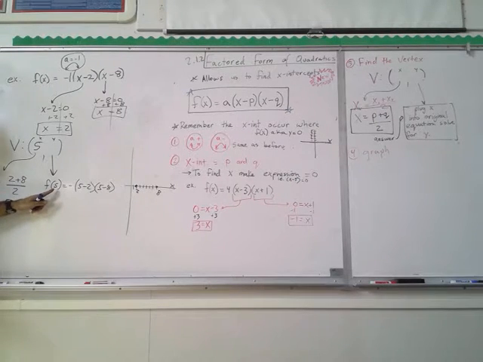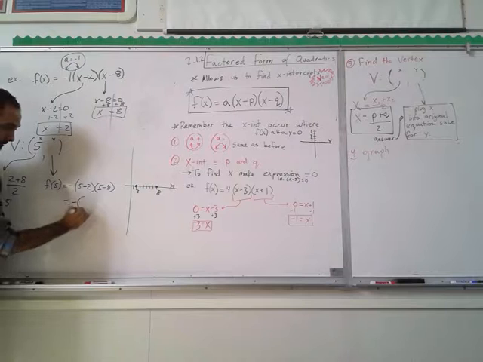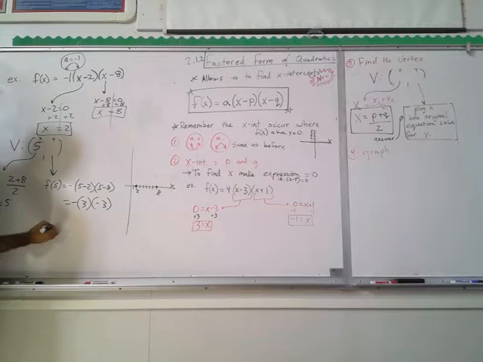We plugged in 5 for x, so I put a 5 everywhere there was an x. Next. Okay, so far so good. Just combine terms, combine terms. And -3 times -3 is +9.